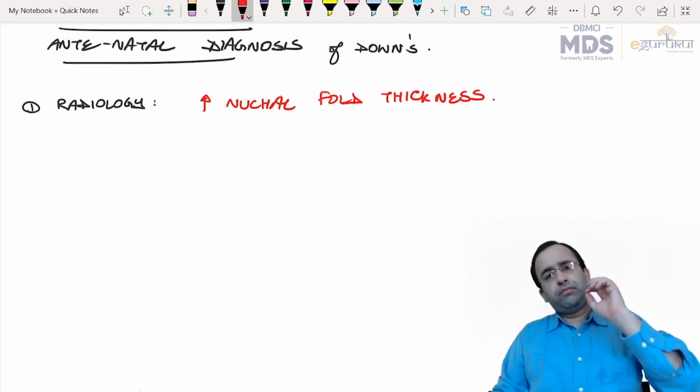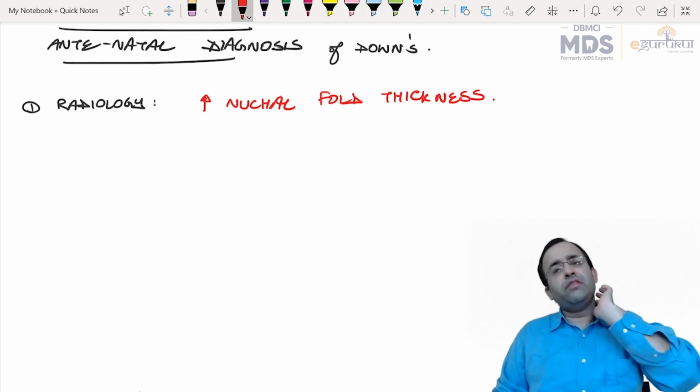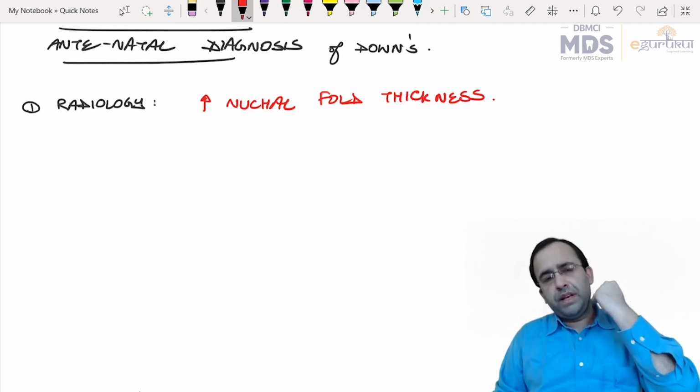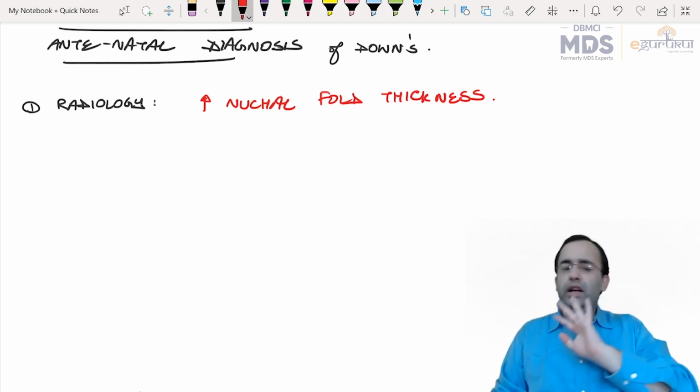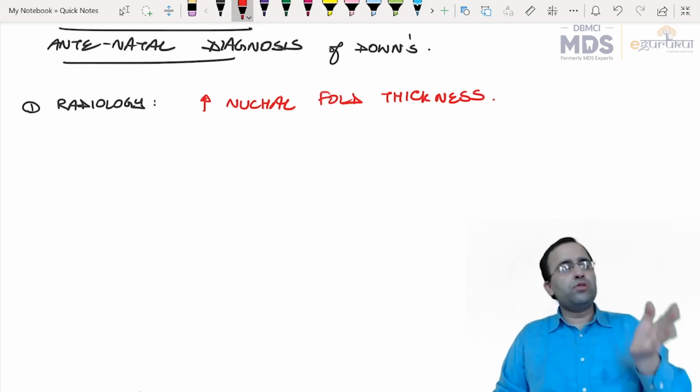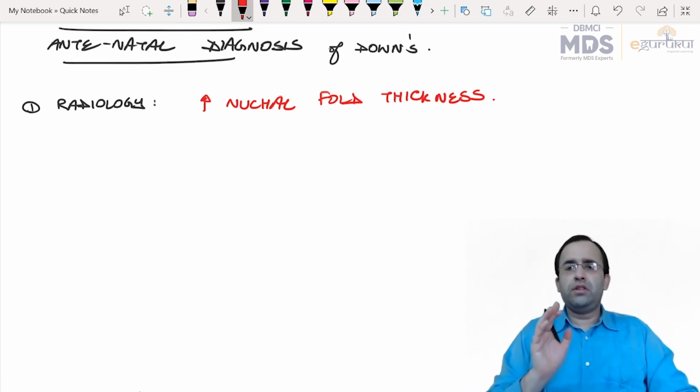What is nuchal fold? It is the thickness of the skin of the neck, the space between the spine and subcutaneous tissue of the skin of the neck. This much detail is not necessary, think roughly: thickness of skin of the neck is increased in intrauterine life in Downs.